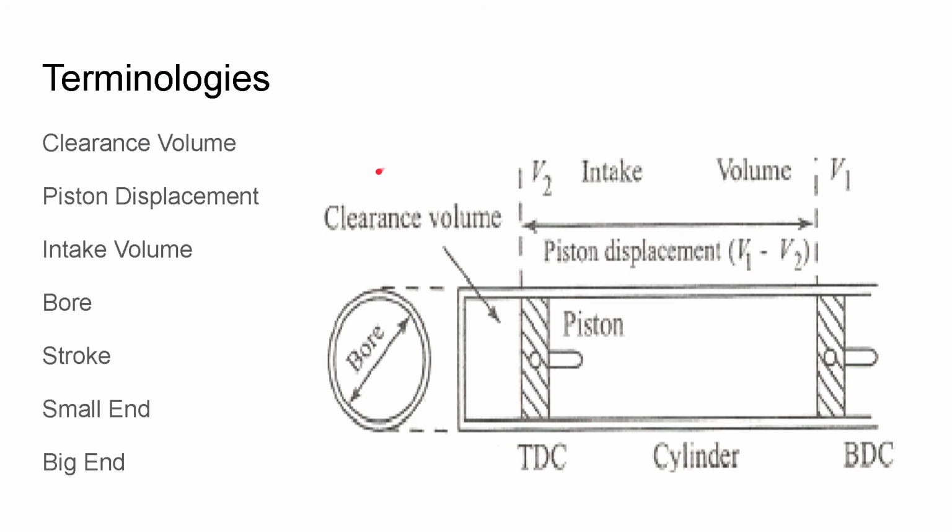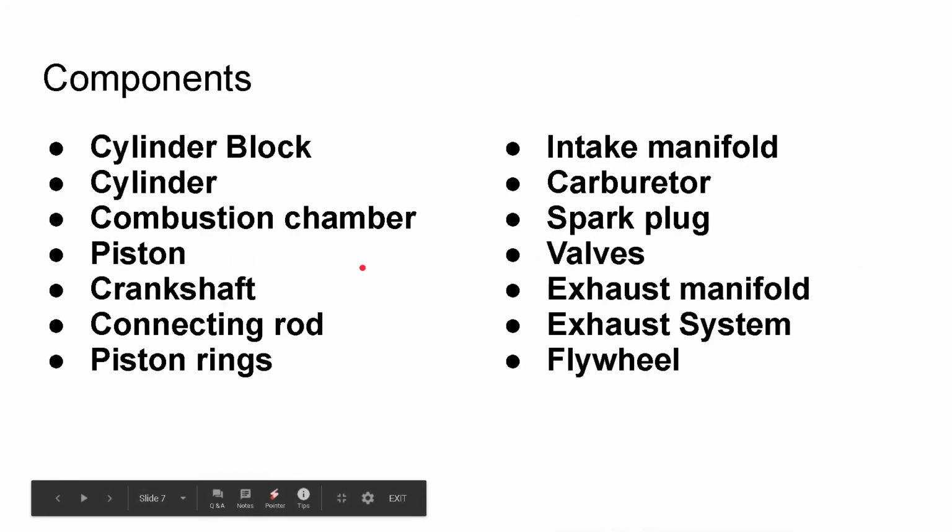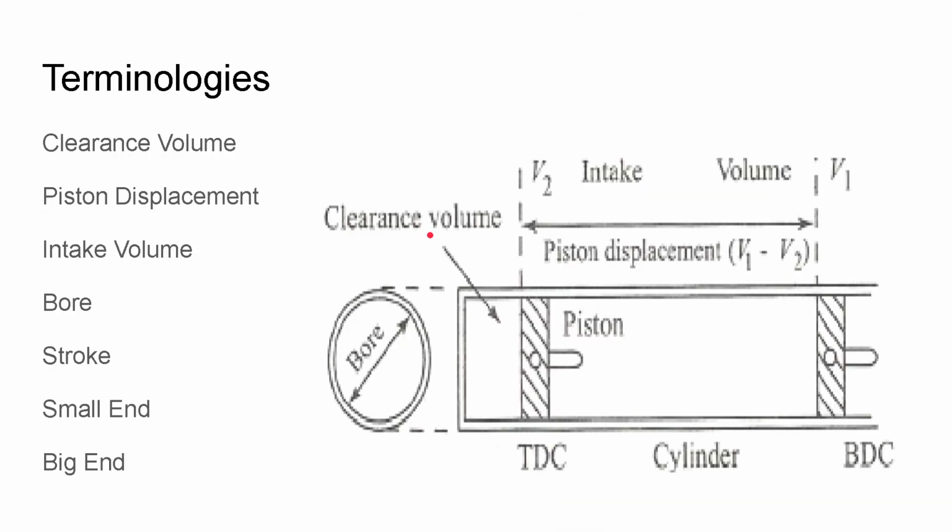Now let's come to the more technical terminologies. We have clearance volume, piston volume, swept volume, stroke, bore, and small and big end, which I have already described with respect to the connecting rod. So now let's start with the bore.